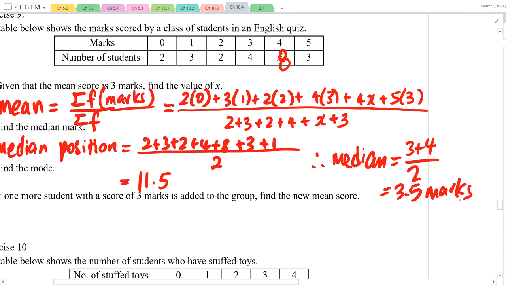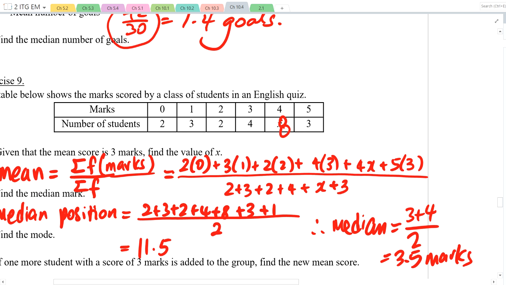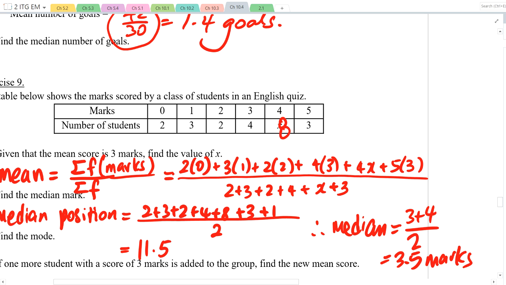Okay? Now, do you need to list out everything like this in order to count where number 11 is, where number 12 is? Can we just count from our table? Can we? I think we can do that. See, what is the mark for student number 1 if we arrange it out? According to the board, it's 0, right? Can we actually tell from here as well?